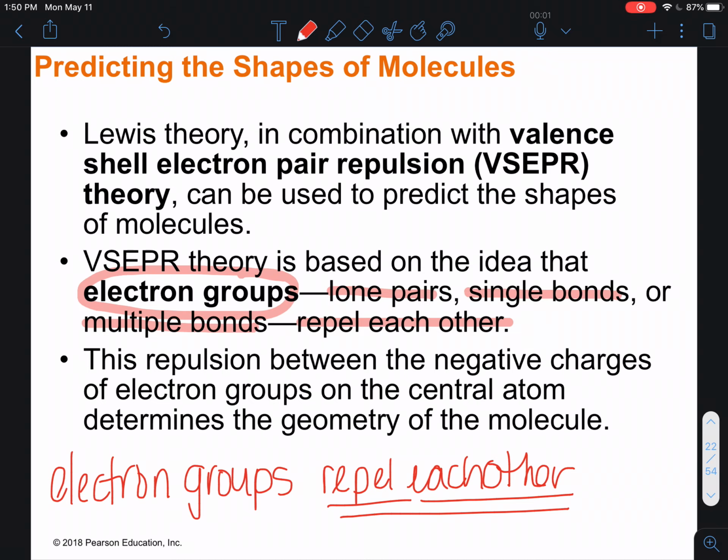Double bonds, lone pairs, triple bonds, single bonds are all electron groups, and they will repel each other. The repulsion between the negative charges of electron groups on the central atom determines the geometry of the molecule.